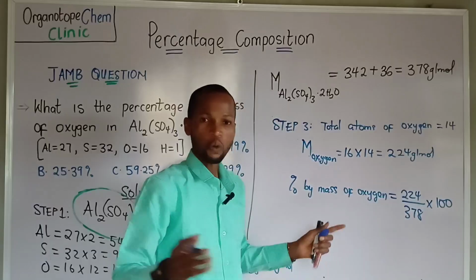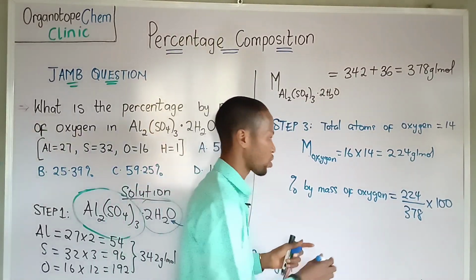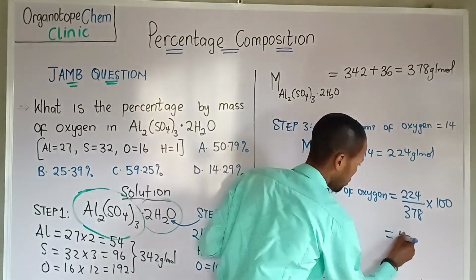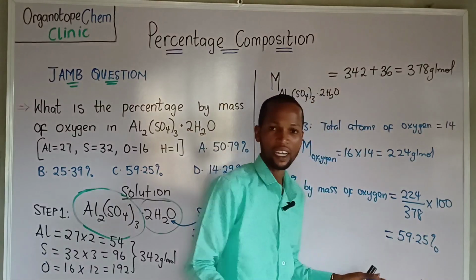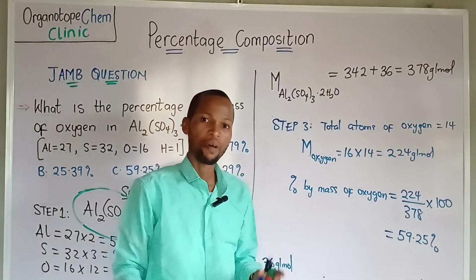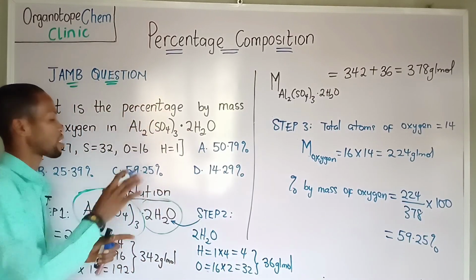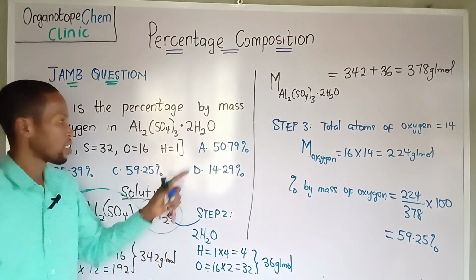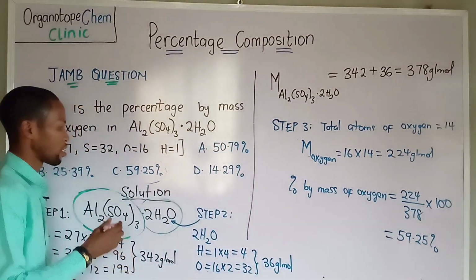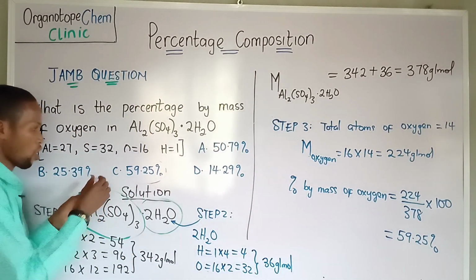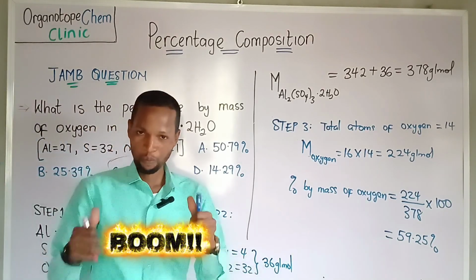Very simple. So we can determine the percentage by mass of oxygen. So when you press your calculator, this will result into 59.25%. Okay, that is the percentage by mass of oxygen atoms in aluminium tetraoxosulfate 6 dihydrate. Make sense? So for this particular question, the correct option is what? Option C. Make sense? Easy peasy, boom.